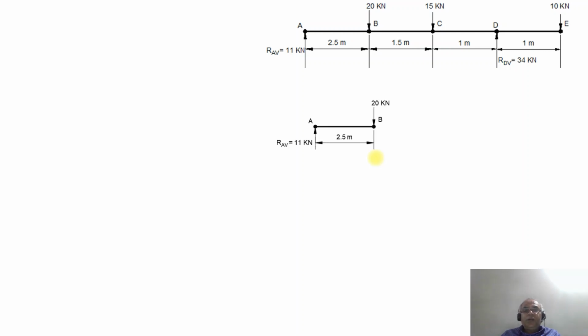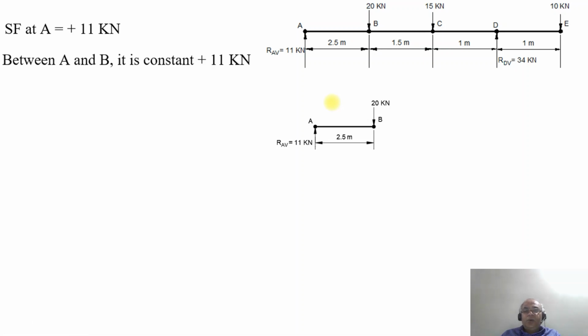Once you get this, now we go for analyzing individually. First we consider the support reaction at the point A, and at the point B we have 20 kilonewton acting downwards, for a span of 2.5 meters. When considering the shear force at the point A, since the load is acting upwards, it becomes positive, so it will be plus 11 kilonewton. Between A and B, as there is no other load, it remains constant at plus 11 kilonewton.